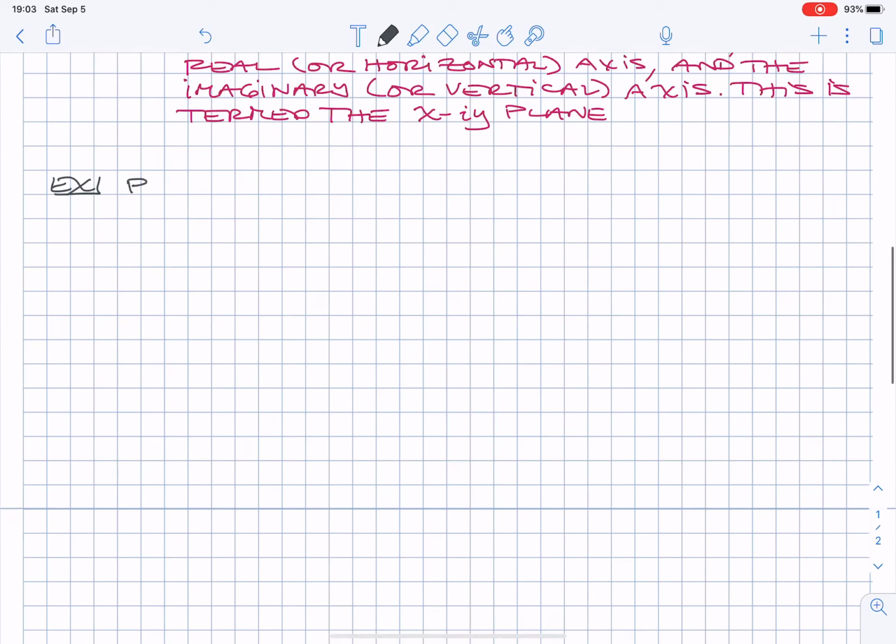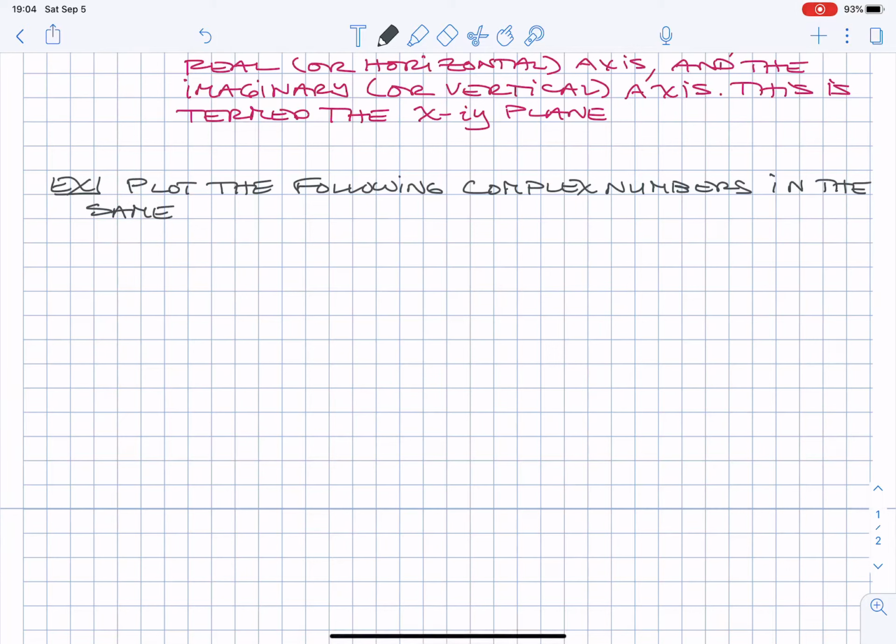So for example, let's plot the following complex numbers in the complex plane. Oh my goodness, I've got ants eating at my neck.